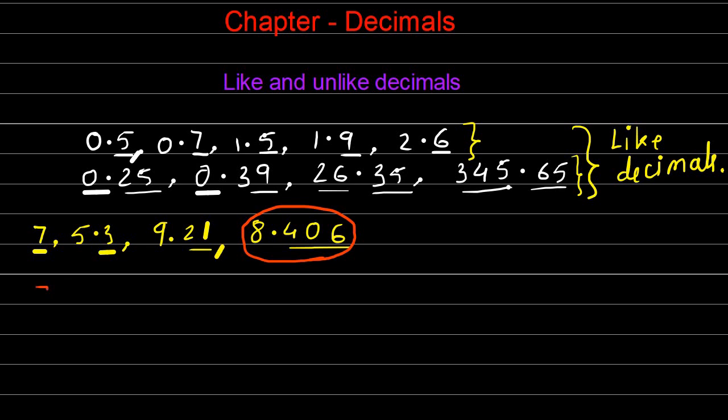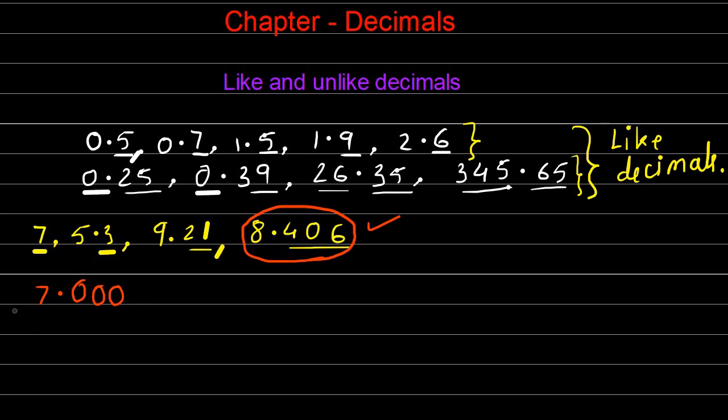Now 7 doesn't have any decimal point or decimal places. But if I put 3 zeros after it, it also has 3 decimal places, which will make it a like decimal with our highest decimal places number, but its value remains the same.